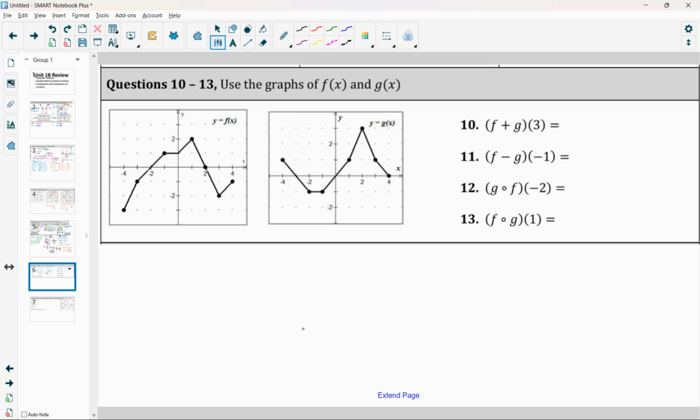Numbers 10 through 13 asks us to use the graphs of f and g. So we have f over here, and then we have g over here. When we're looking at this first one, you're just doing f of 3 here, and then you're adding g of 3.